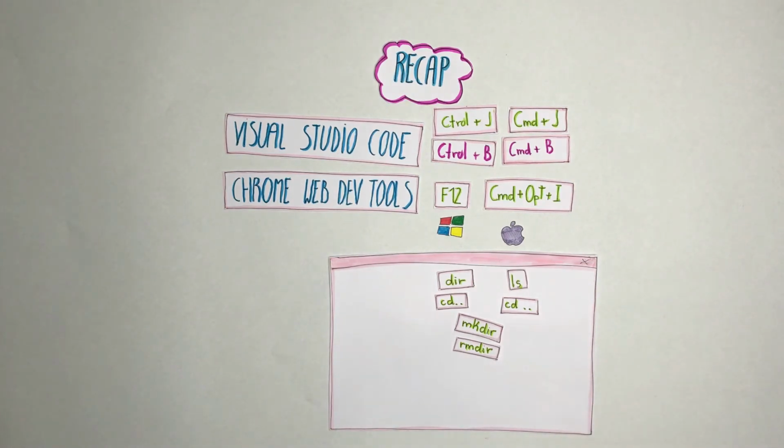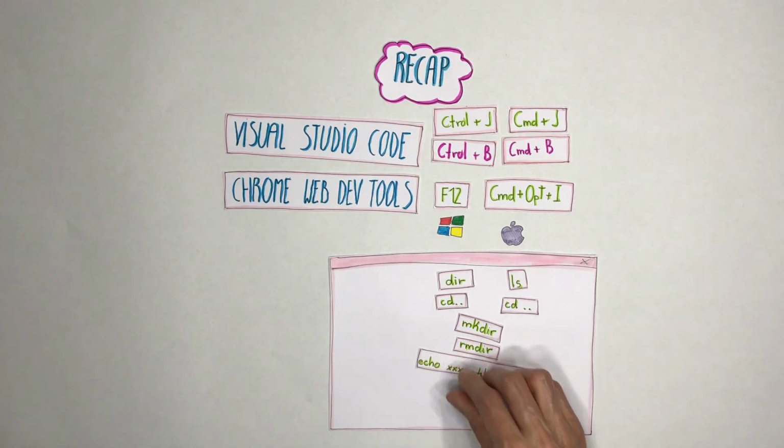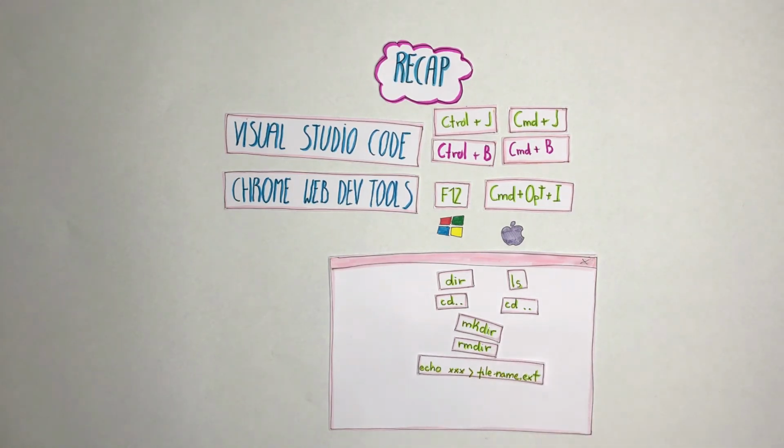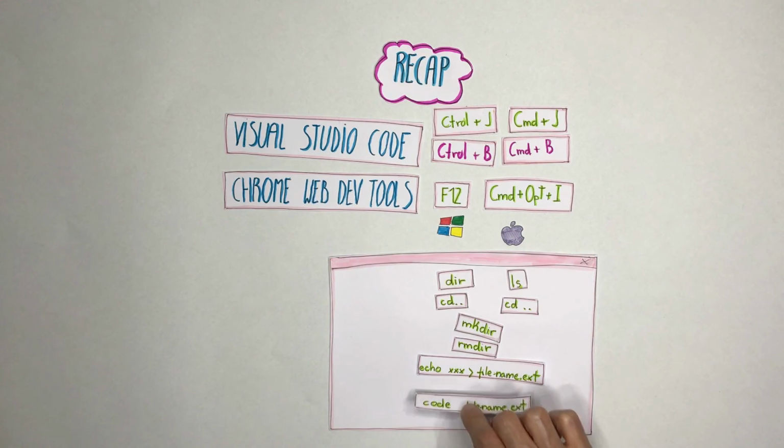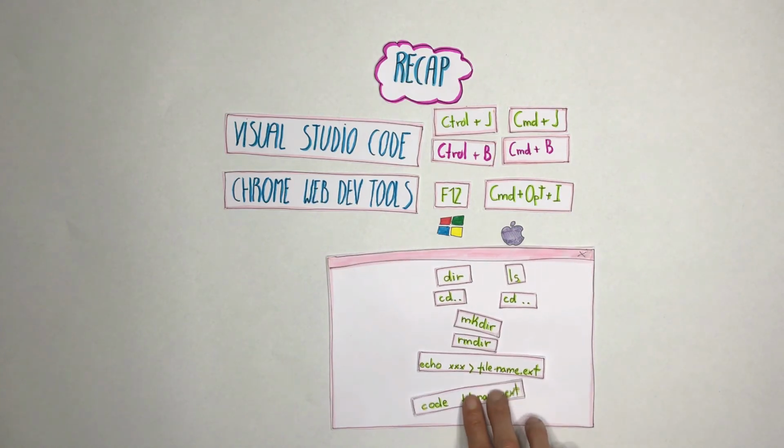And finally, we have seen how to create files from the terminal. The first thing we saw is a trick to create a file by trying to write something to a file that doesn't exist using the echo command. And we also saw how to create a file using the code command and the name of the file we want to create.